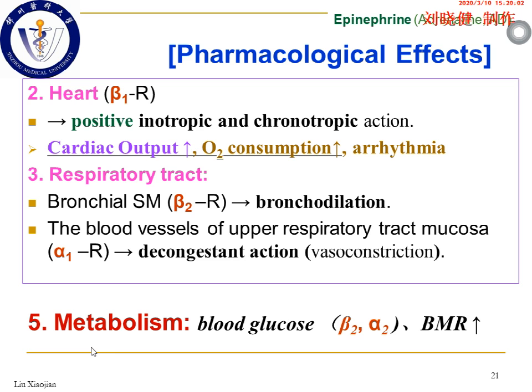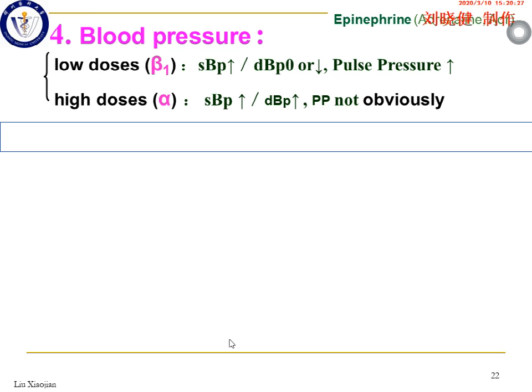So here, it promotes metabolism, especially increasing blood glucose. I think you can guess this result. For some patients, maybe it is not a good result. Right? Maybe you think of diabetes.